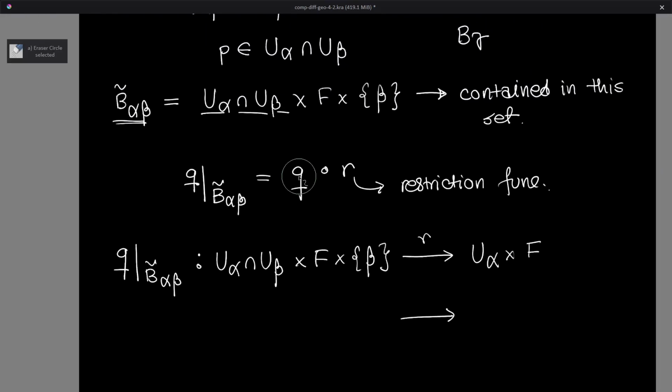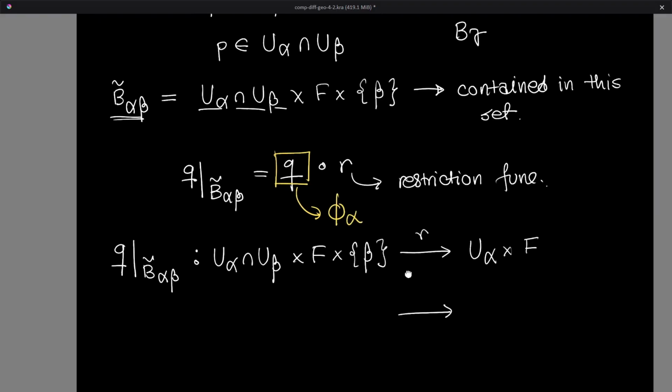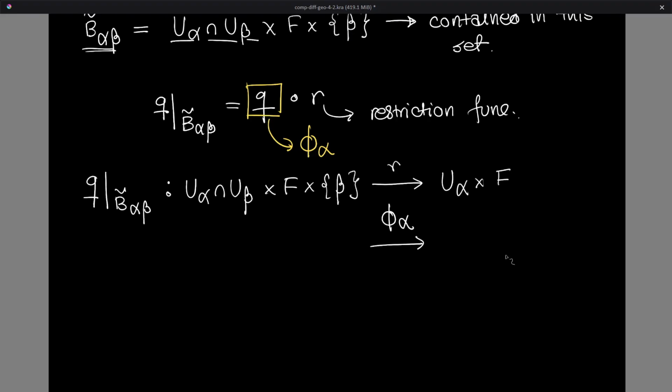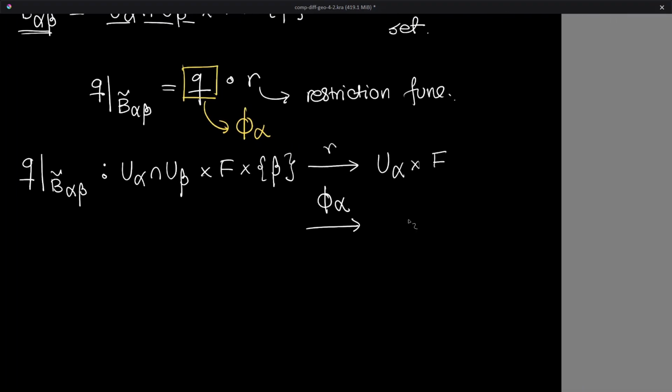Did I write Q here? This should not be Q. We know that Q restricted to alpha will just be phi alpha. So this is just phi alpha. So then we get that this will map to the codomain of phi alpha.